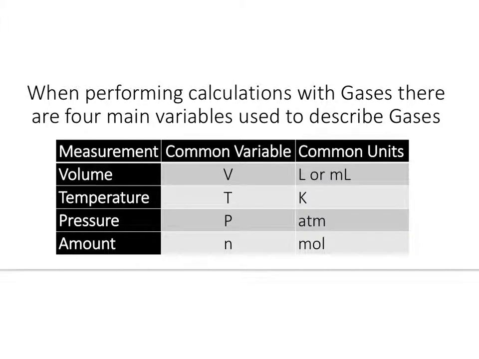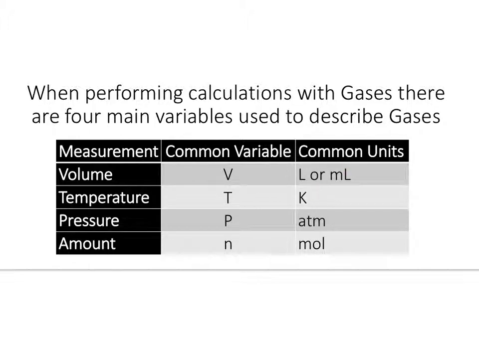All right. Lastly, we're going to be talking about this a lot more in our unit, but I want to start by making sure you know what these are. We're going to be using four main variables to describe gases: volume, temperature, pressure, and amount. Volume, typically represented by a V. Temperature is a T, pressure a P, and amount is N. Typically, volume will be in liters or milliliters.